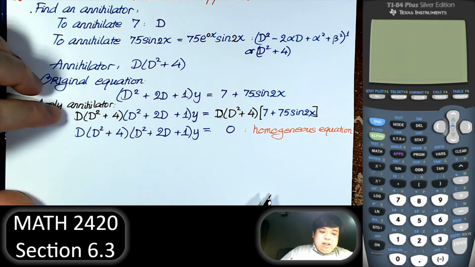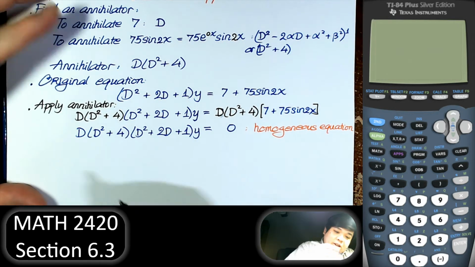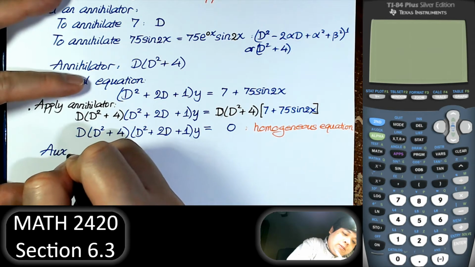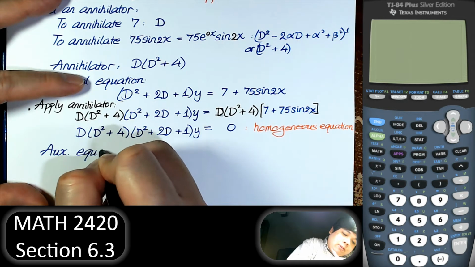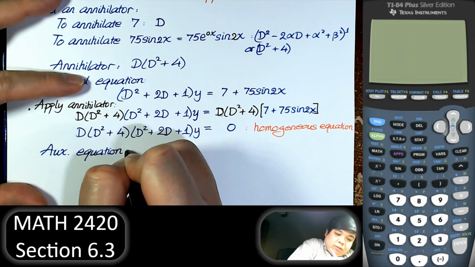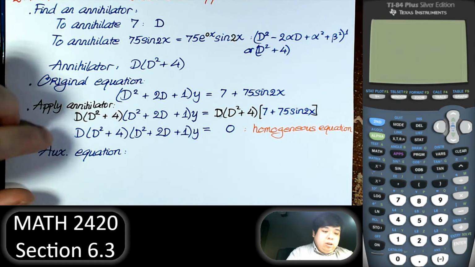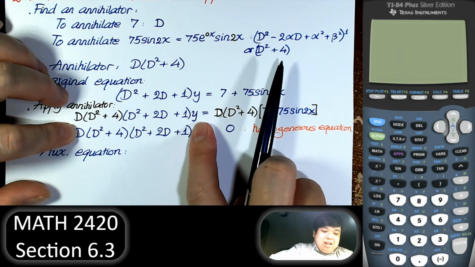So in that case, we will have the auxiliary equation. We just write that exactly the same.